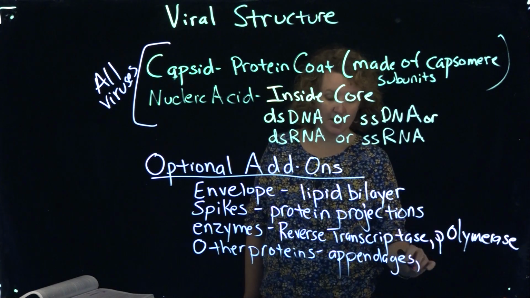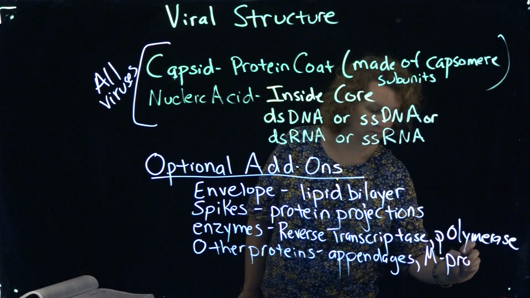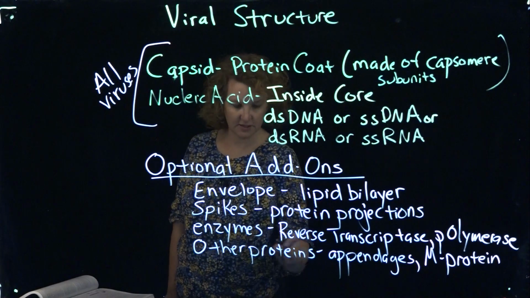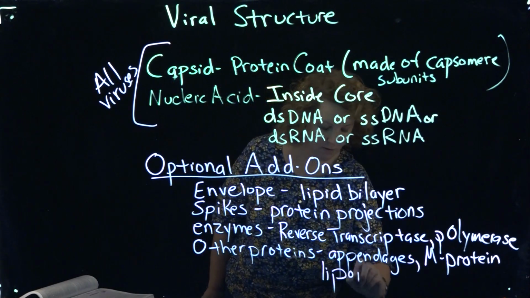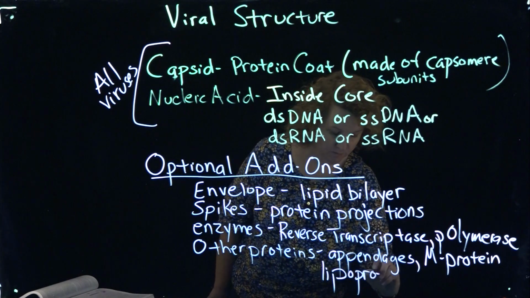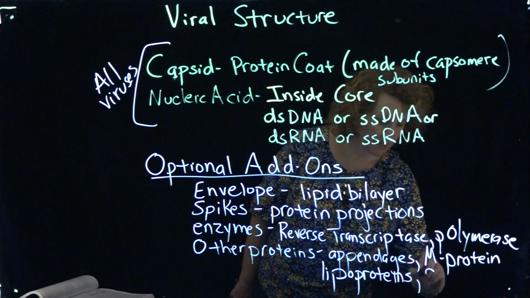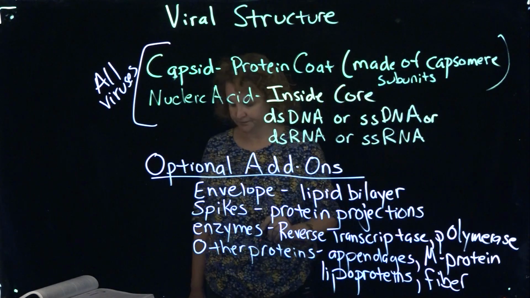So you can have that. You can have M protein, which is a coat inside the envelope of some viruses. And again, these are all options. Lipoproteins. And again, these are just exceptions at certain times. And then other fiber-like proteins as well.